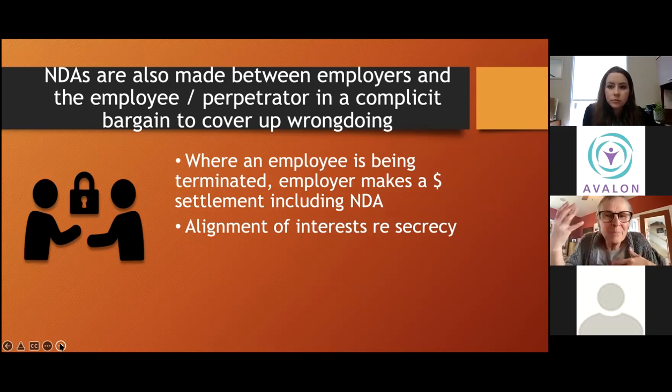Well, why would the employer have an interest in covering this up? The answer is a very obvious one, which is most complaints that come out of workplace behavior around sexual misconduct have been going on for years. This isn't the first time this person has been complained about. This isn't the first time that notice has been taken that there is inappropriate behavior.